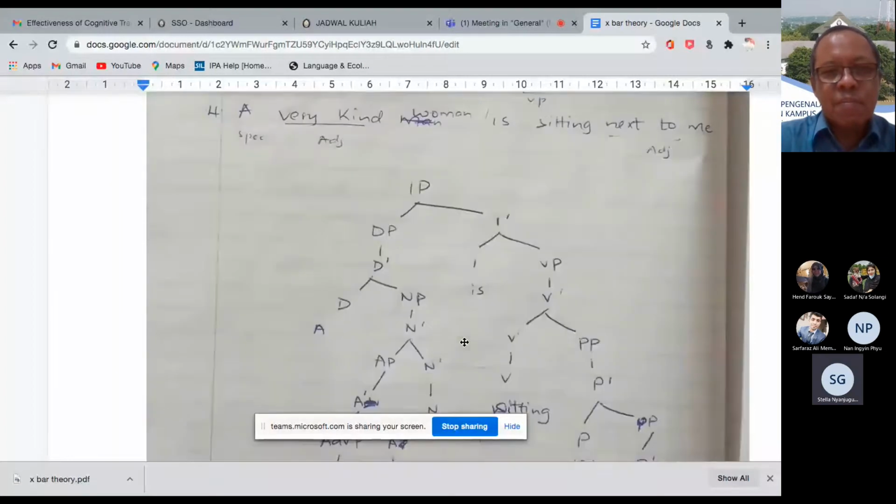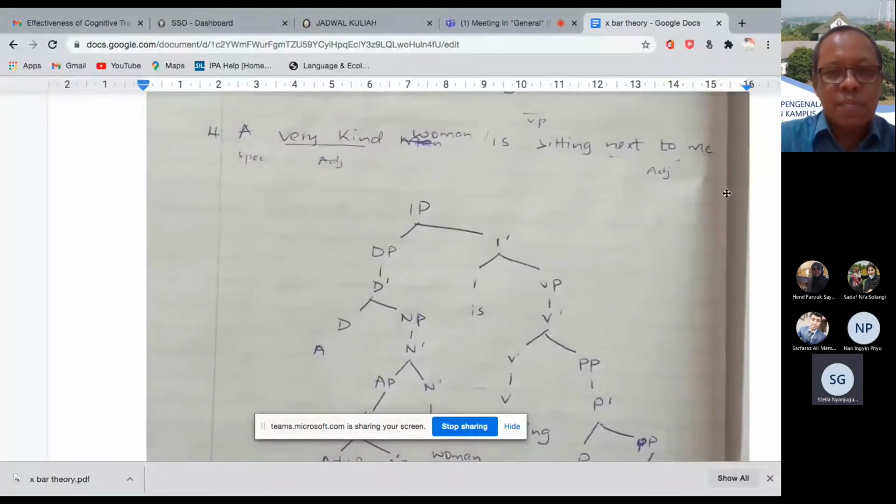Okay, so the other part now, "sitting next to me". We have the inflection bar. The inflection here changes to "is", because "is" is already there. It's a linking verb, an auxiliary. Then you have "sitting next to me", the verb predicate, which branches to the V bar.